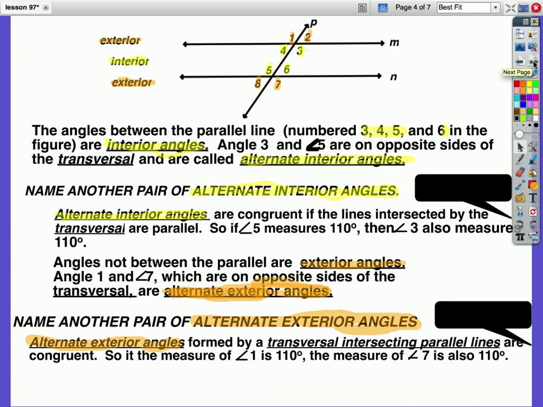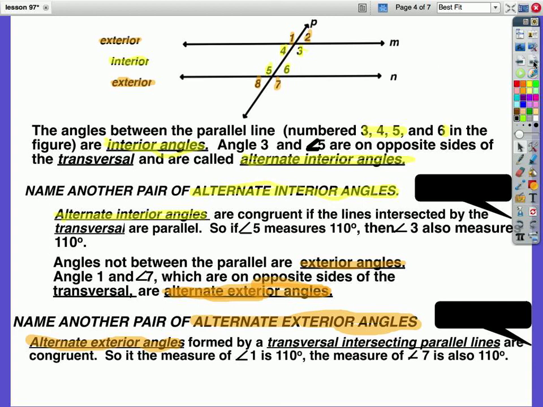The angles between the parallel lines, 3, 4, 5, and 6, are interior angles. If we look at angle 3 and angle 5, they're on opposite sides of the transversal and are called alternate interior angles. Alternate interior angles are congruent if the lines intersected by a transversal are parallel.